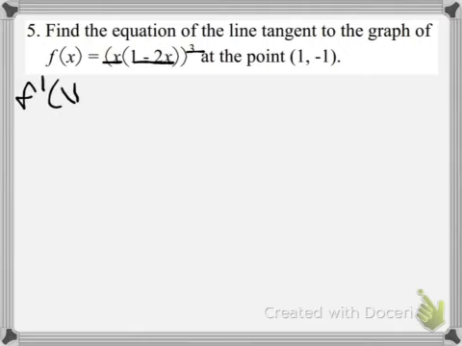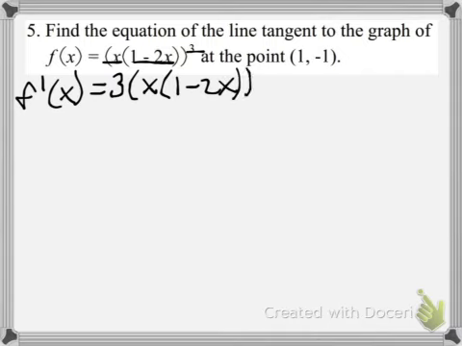Taking the derivative of the outside, leaving everything else on the inside alone, that would be 3 times x times (1 minus 2x) squared times the derivative of the inside.